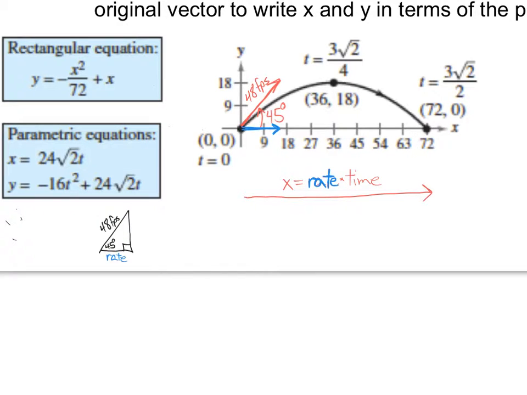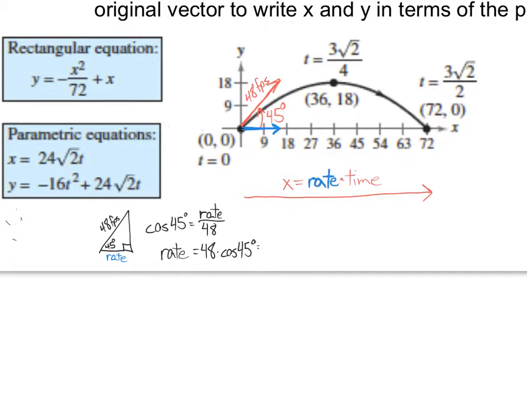So you're right, we're going to do the cosine of 45 degrees equals the rate over 48. So our rate is 48 times the cosine of 45. What's cosine of 45?